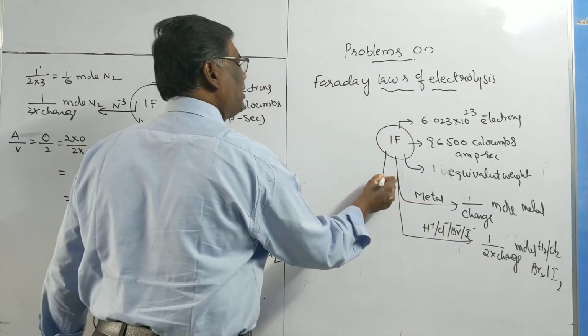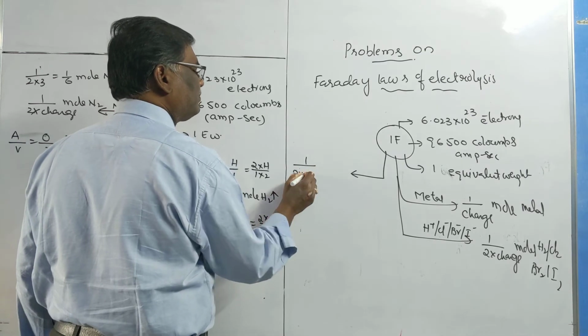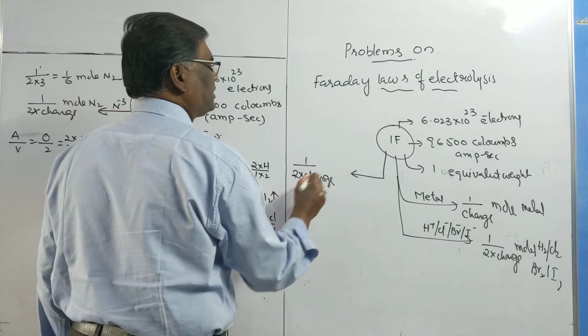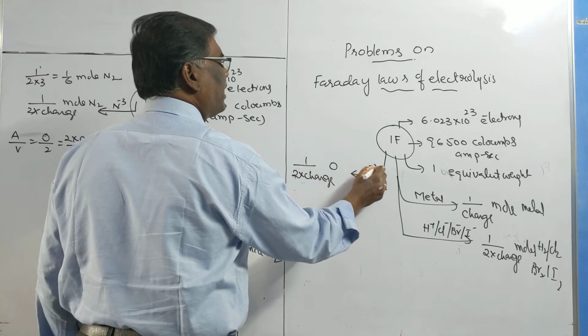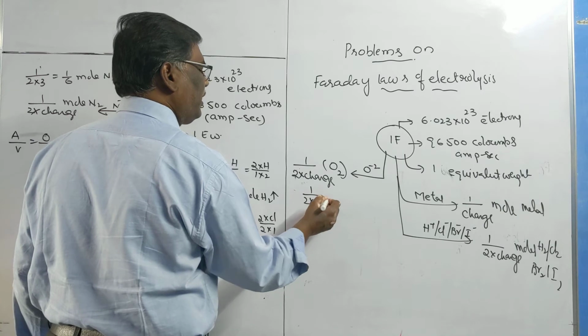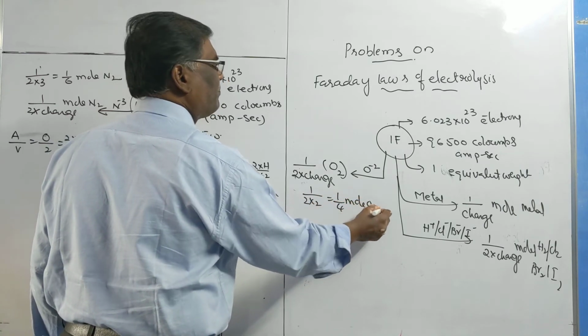In case of oxygen, we take 1 by 2 into charge. You know oxygen is -2, so for oxygen we are getting 1 by 2 into 2, that means 1 by 4 mole of oxygen.